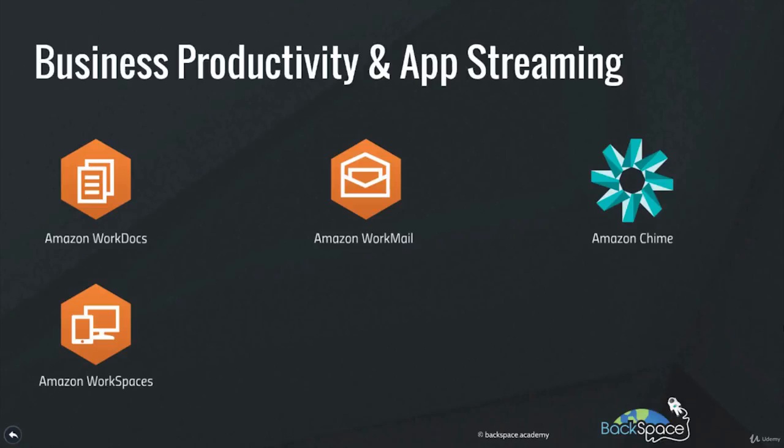It can easily provision streaming, cloud-based Microsoft Windows desktops. Amazon AppStream is a fully managed, secure application streaming service that allows you to stream desktop applications from AWS to an HTML5 compatible web browser. This is great for users who want access to their applications from anywhere.